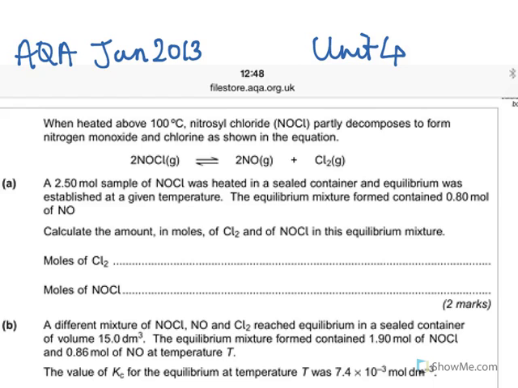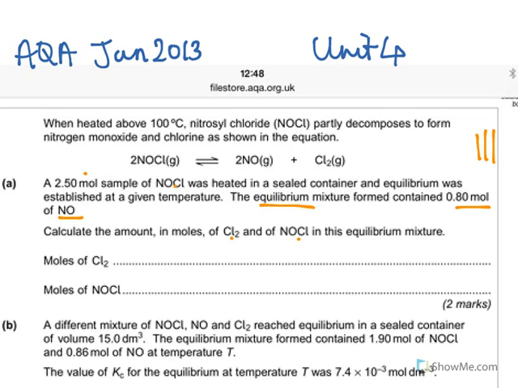So let's look at what the question tells us. It's telling us about how many moles of NaCl we have before equilibrium, and then at equilibrium, it's telling us how many moles of NO we have. It's asking us to calculate Cl2 and NaCl at equilibrium. Now, it hasn't told us any volume in the question, so we've no concentrations as such.